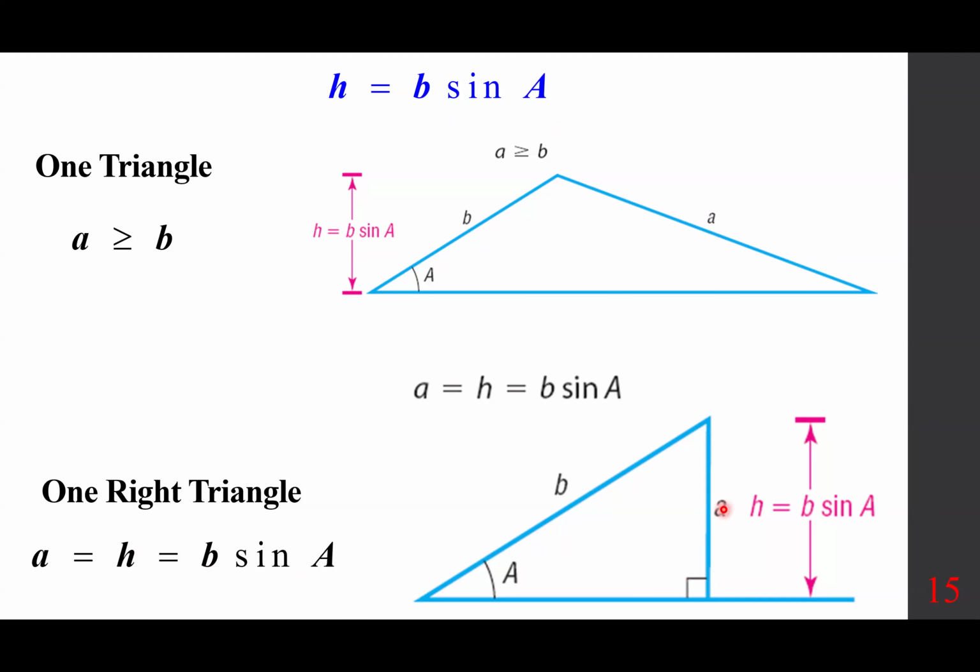When a is equal to H, then it becomes a right triangle. So there is one possibility. And over here, a larger than or equal to b ends up giving us one triangle. So as I mentioned, this is known as the ambiguous case, and we will look at various examples of that.